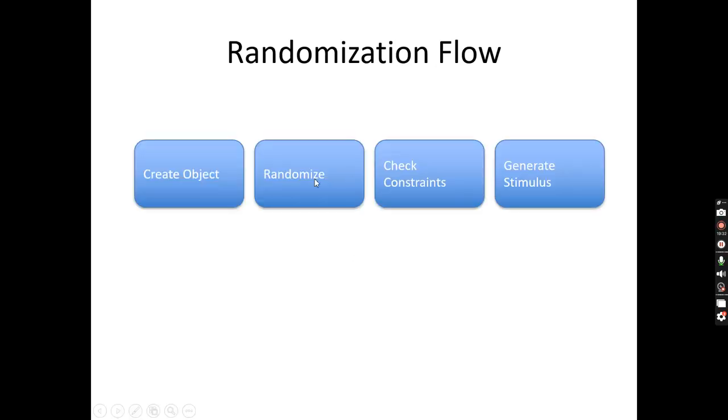What does the randomization flow look like? First of all, you have to create the object of the class. Then we call the randomize keyword, and then we have to check the constraints, whether they are valid or not. Let's take a variable capable of storing a maximum value of 275.